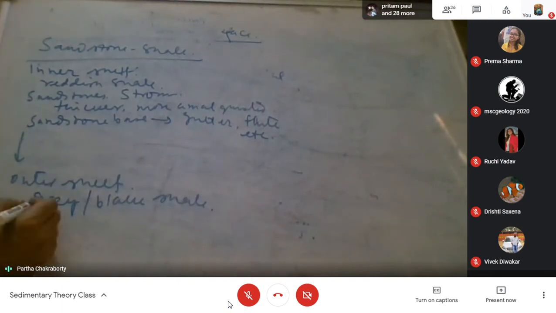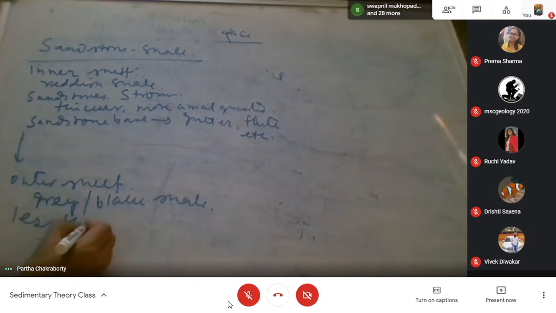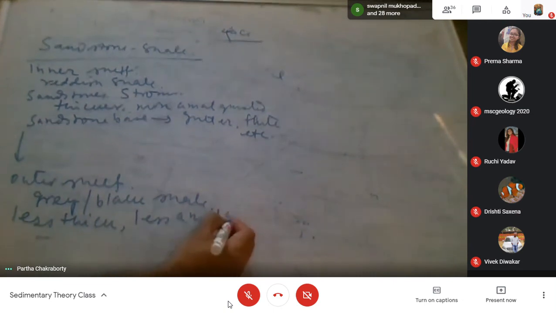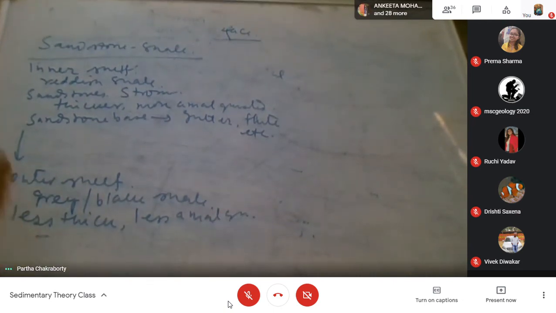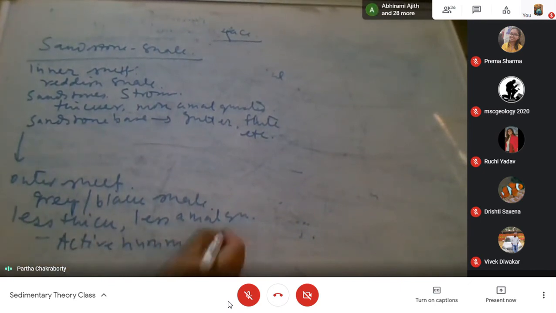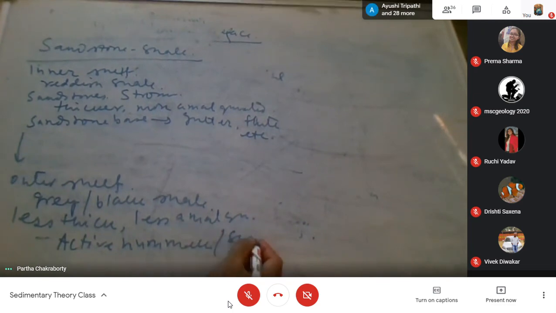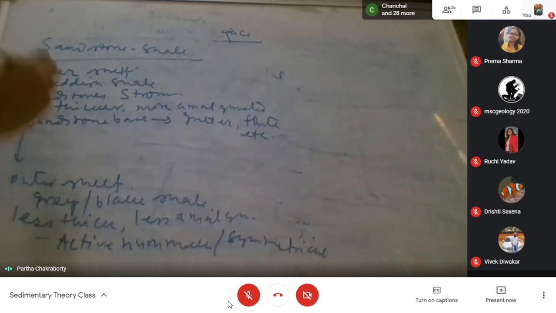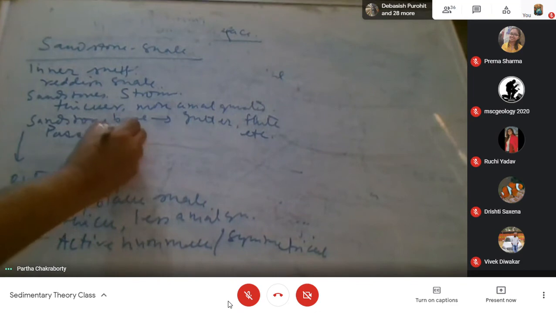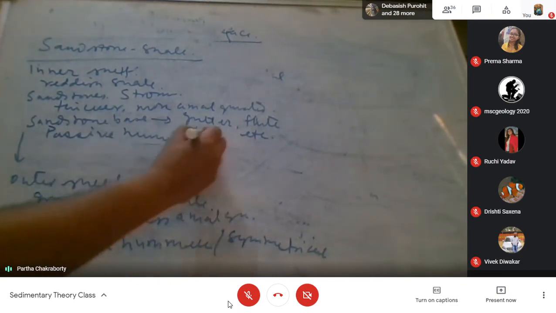The sandstones, those storm dominated, will be less thick and less amalgamated. The hummocks will be more active hummocks, and there will be more tendency to be symmetrical hummocks. Here, in the inner shelf, I will get more of passive hummock and asymmetrical hummock.